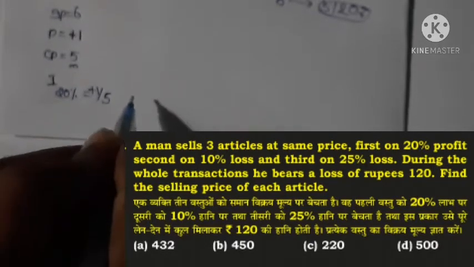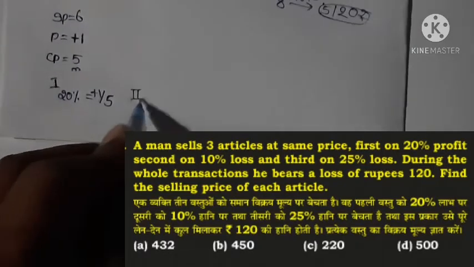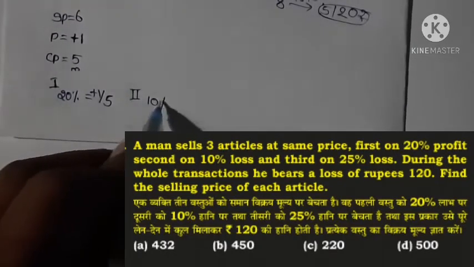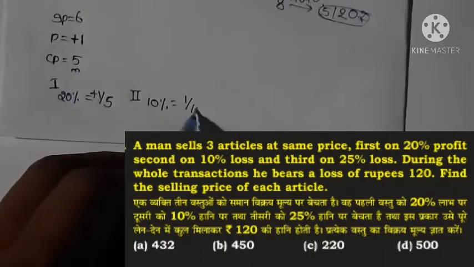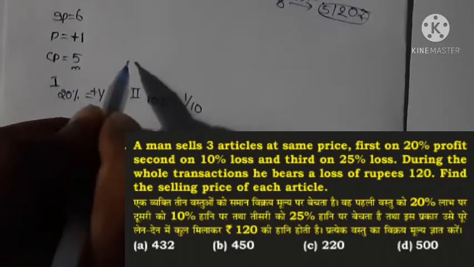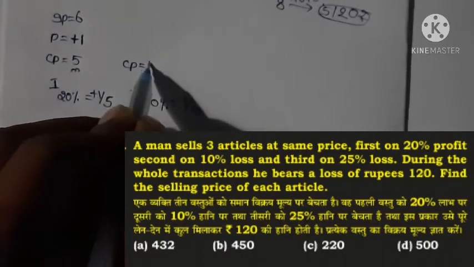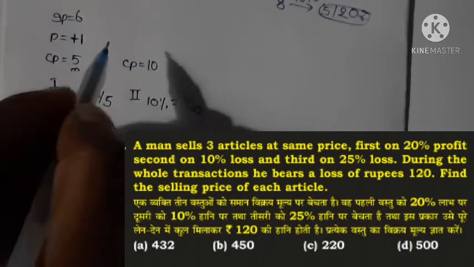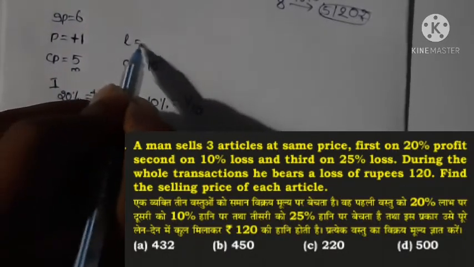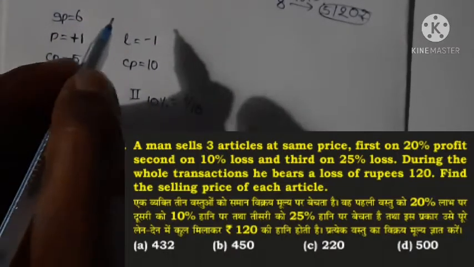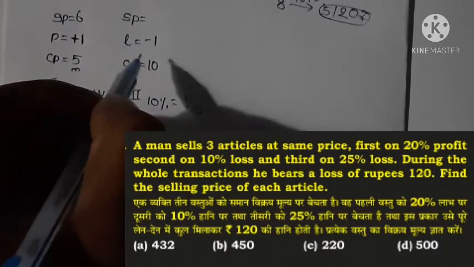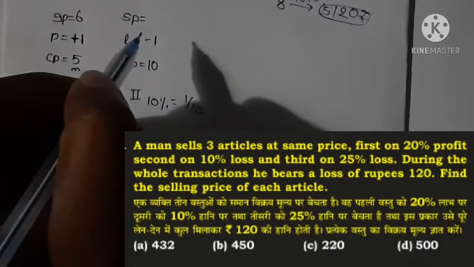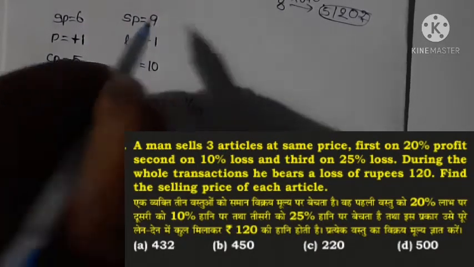Second at 10% loss. So 10% value is equal to 1 by 10. So here the cost price is equal to 10, so the loss is equal to minus 1. The selling price is equal to 10 minus 1, 9.